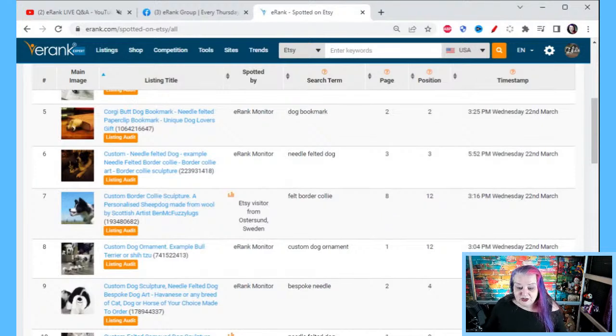So this is cool because this is showing actual Etsy buyers who are on the site, the actual keyword they searched for, my listing was shown to them and they clicked on my listing. So I hope that shows that's a kind of different thing. So that is not a keyword I have optimized for at any point.